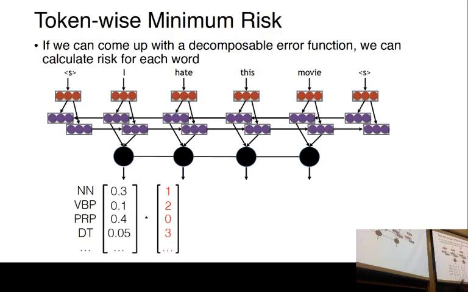The correct one has an error of 0. For some reason, noun is less wrong than determiner. This could just be 1, 1, 0, 1. It's fine, right? And then by multiplying that, if you minimize that, then you're minimizing the risk of outputting the wrong tag.